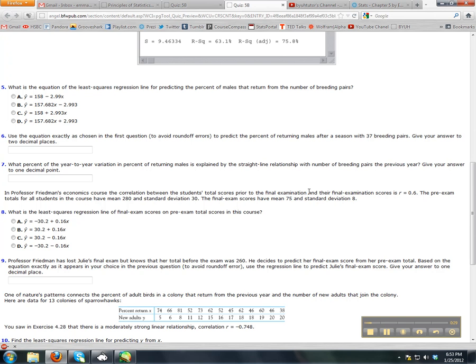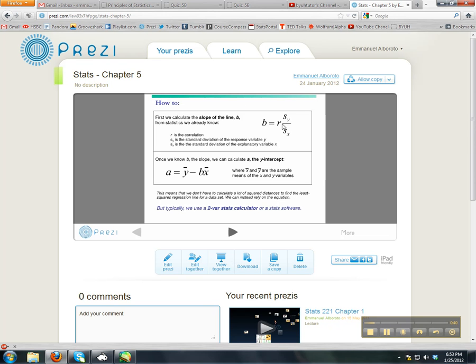If you remember, we can calculate the slope and the y-intercept with these two formulas right here. B is equal to r, the correlation, times the standard deviation of y over the standard deviation of x, and A is equal to y bar minus B times x bar.